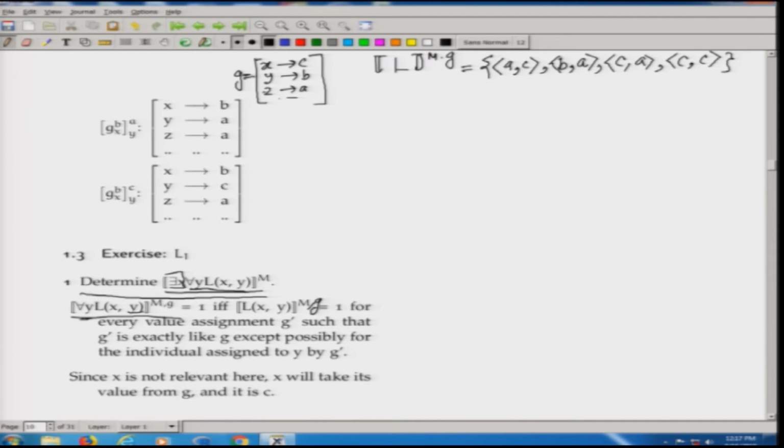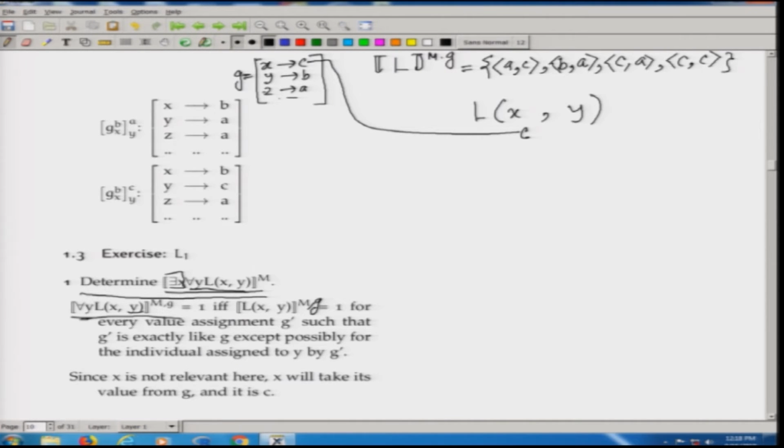So what do we need to check? If you have something like L x y, x will collect its value from C, because x is not an active variable here, but y is an active variable here. So y will vary.